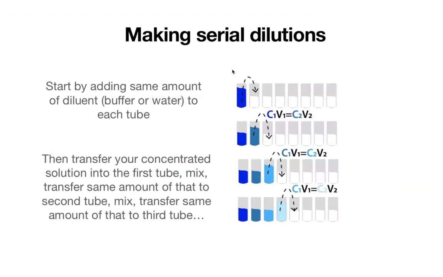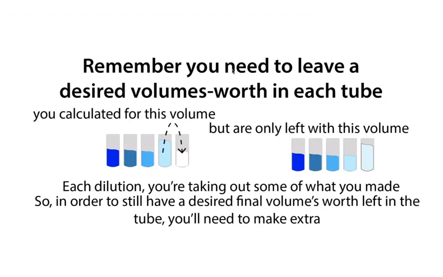Each time the V2 for the tube before is becoming your V1, then your C2 is becoming your C1. But in each of these cases, we're going to have that constant dilution factor. What you'll notice is that as you go, one of the tubes is going to have a larger volume when you've actually added something to mix. So that V2 that you were working with is actually only going to be left in the final tube.